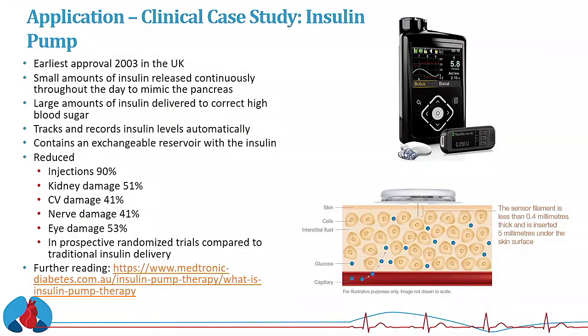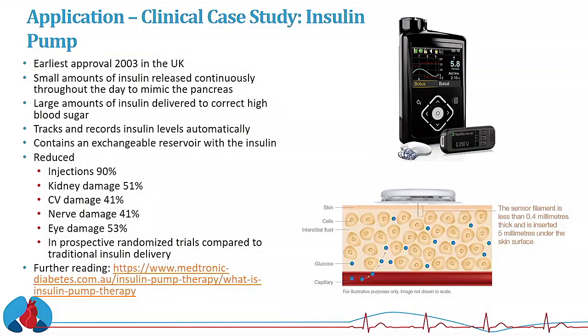How it works is there's a little sensor patch which goes on the arm or on the hip or wherever, and it wirelessly sends information back to the control unit, which has a little insulin bolus in here which can be exchanged, and then it's got a little injection site as well.